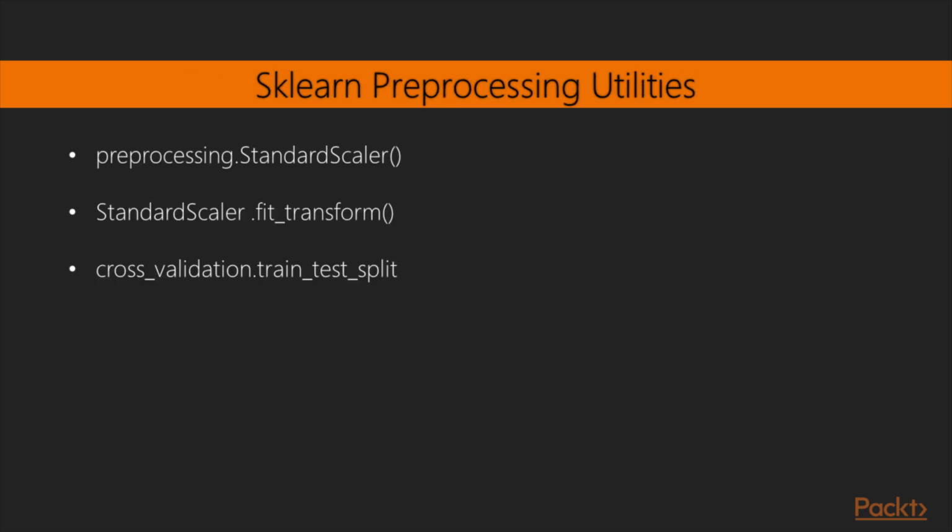Sklearn Preprocessing Utilities. Let's have a look at these Sklearn preprocessing utilities. Preprocessing.StandardScaler: normalization of datasets is a common requirement for many machine learning estimators, so in order to make convergence more straightforward, the dataset will have to be more like a standard normal distribution, that is a Gaussian curve with zero mean and unit variance.